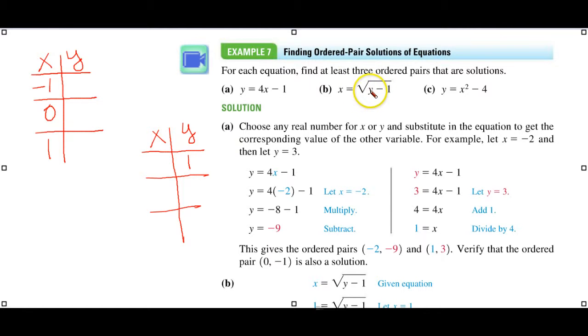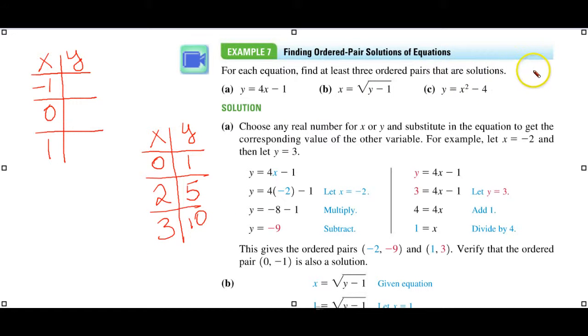Well, if y is 5, that would make this a 4, and we can already do that. And then if y is, let's say, 10, this will make this a 9, and the square root of 9 is 3. So again, there's some thinking going on.